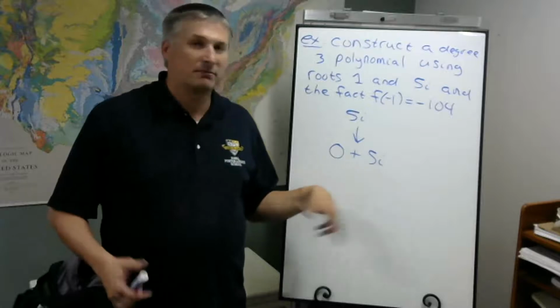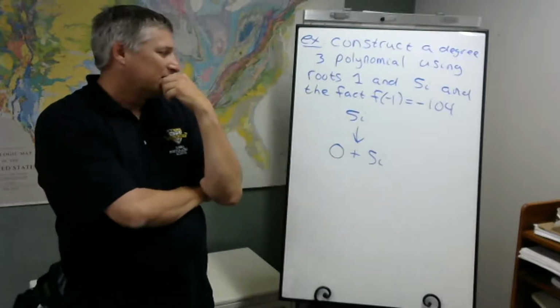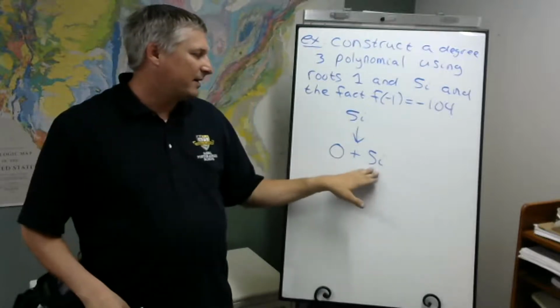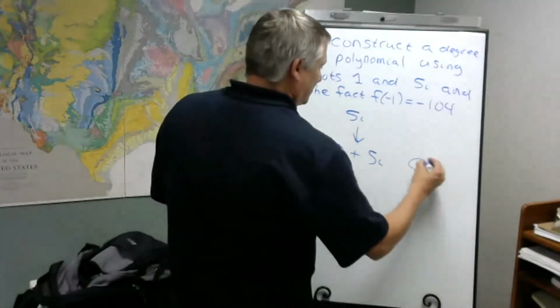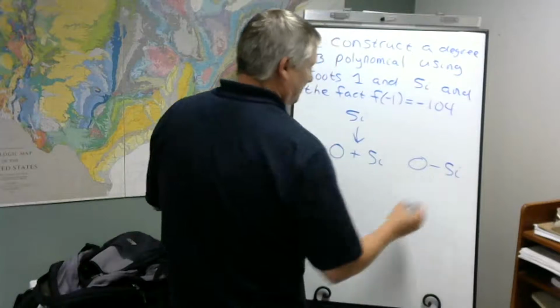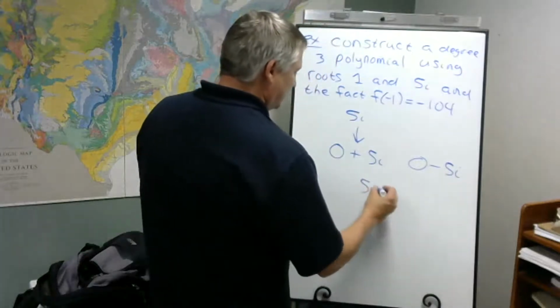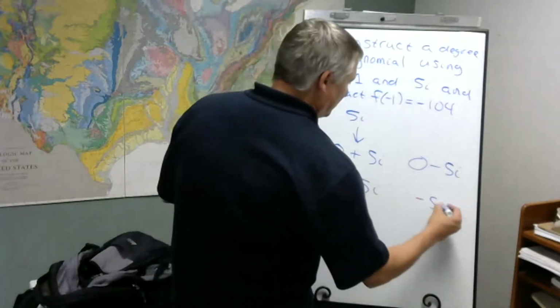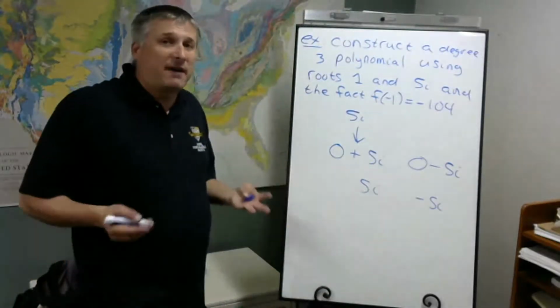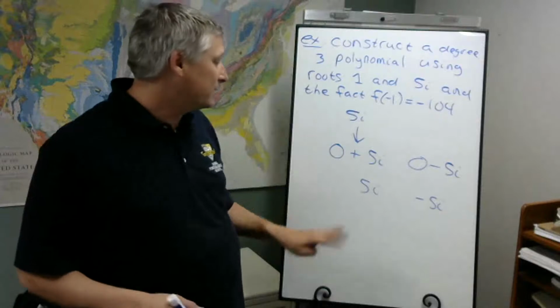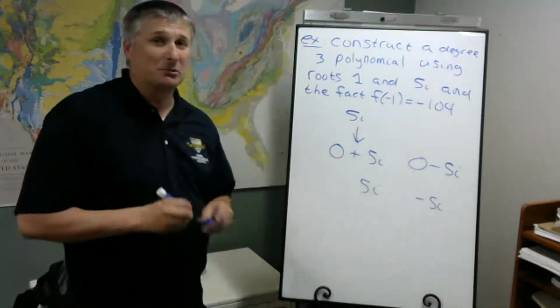The imaginary part is 5. So we have 0 plus 5i. That means we're going to have a negative 0 minus 5i, or just 5i and negative 5i. So there's our third root. And here we're using that fact that complex numbers show up in pairs to get that second root.